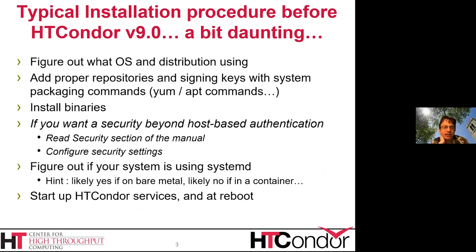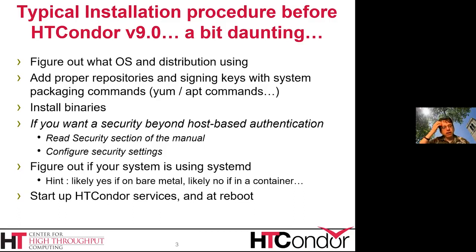add native packaging repositories and signing keys with system packaging commands like yum and apt, install the binaries, open the manual to page 970 or wherever, the big section on security, and learn how to make your cluster secure if you wanted something more secure than just host-based or IP address-based authentication.